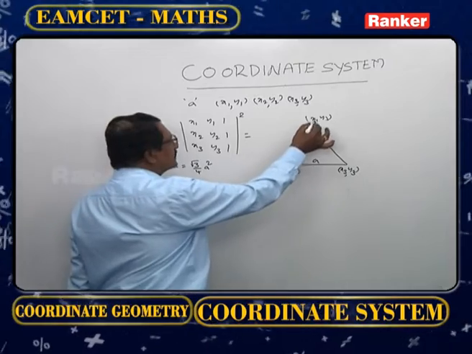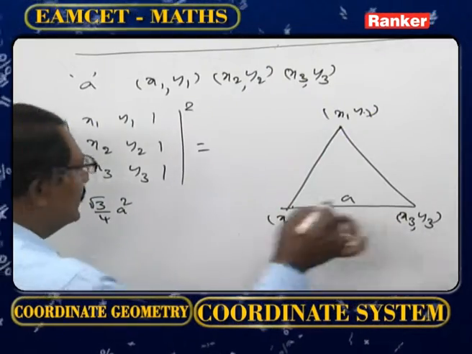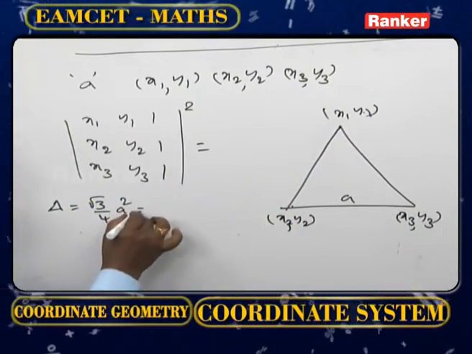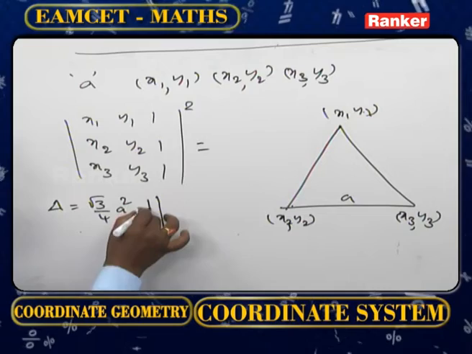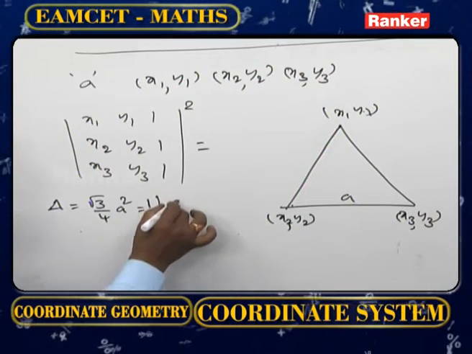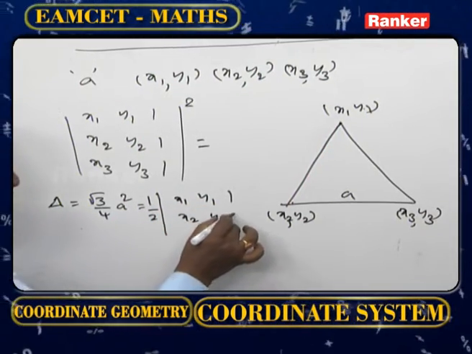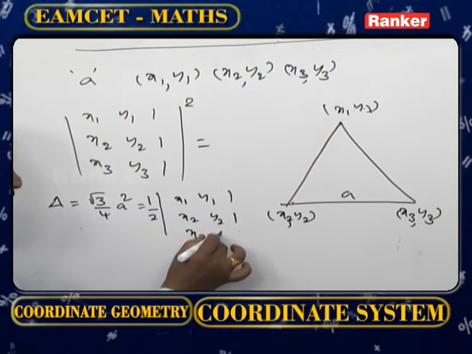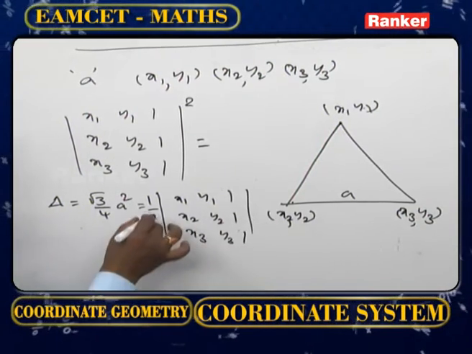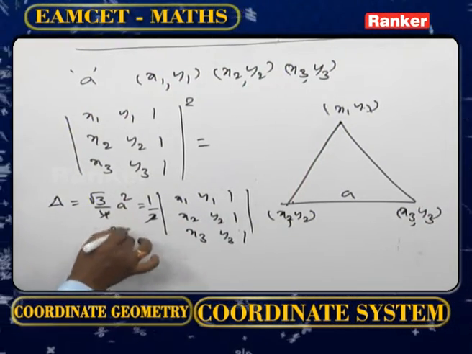But given the vertices (x1, y1), (x2, y2) and (x3, y3), the area equals half into the determinant of x1 y1 1, x2 y2 1, x3 y3 1. Now the 2 cancels.